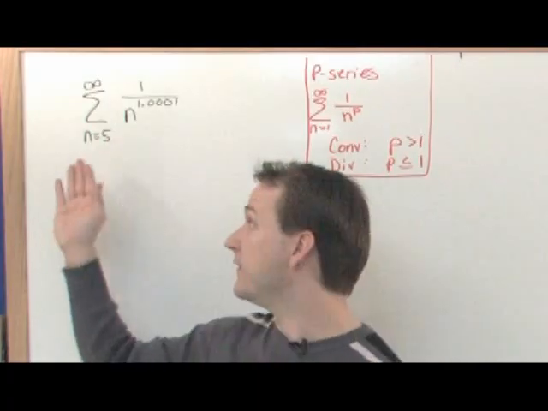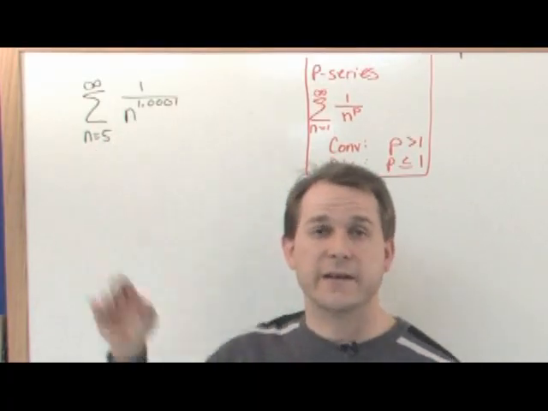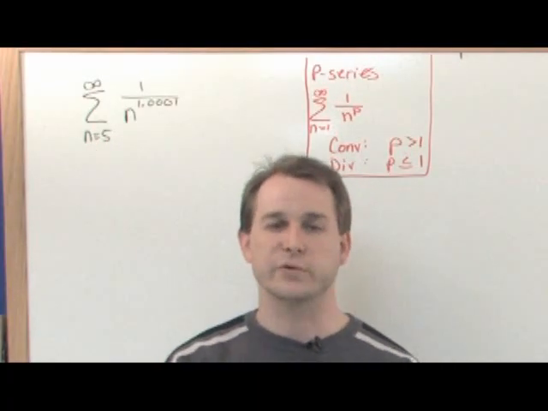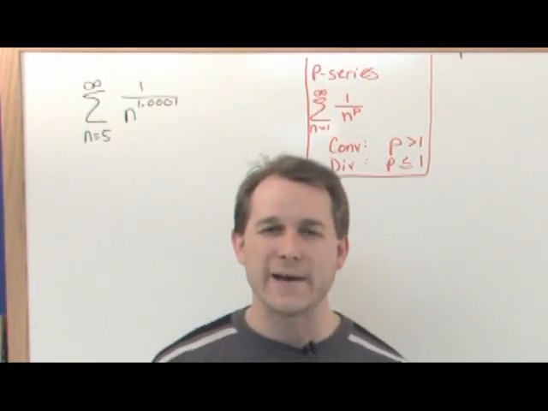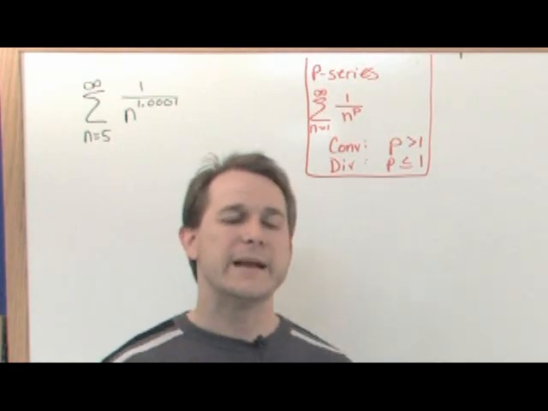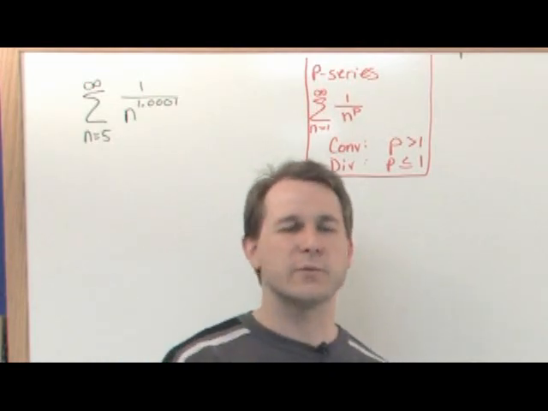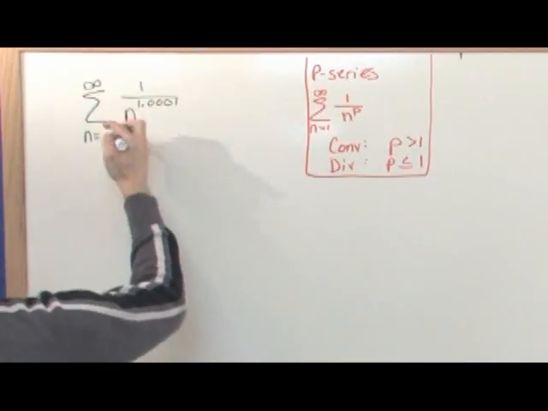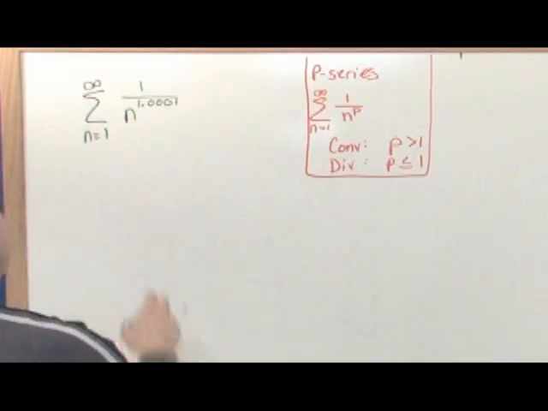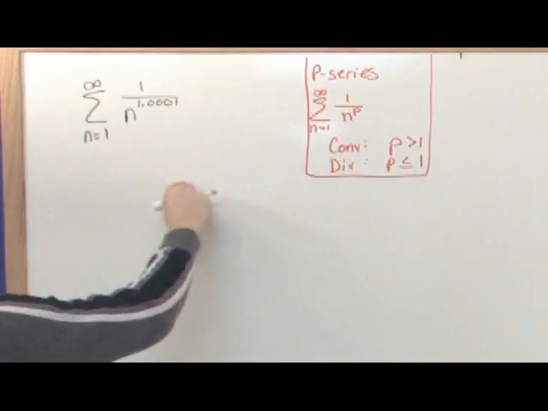Obviously, the sum when you start from n equals 5 is going to be different than if you had started from n equals 1. So the actual number that you arrive at is different in those cases. But to see if it converges or not, it really doesn't matter. Because if it did start at 1, to infinity, then you would have several extra terms here at the beginning.